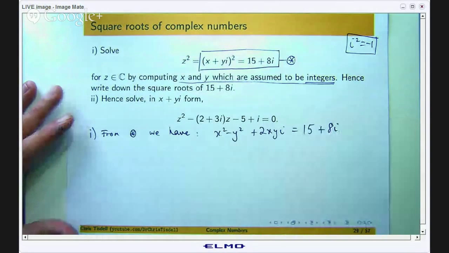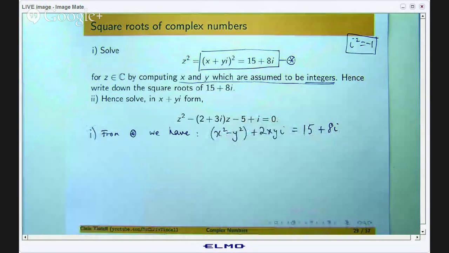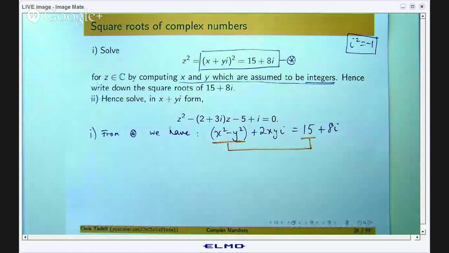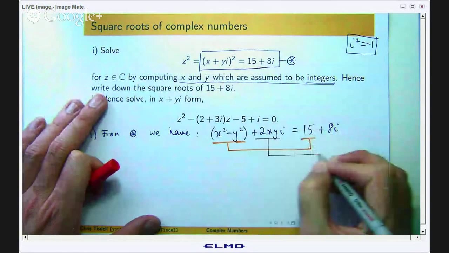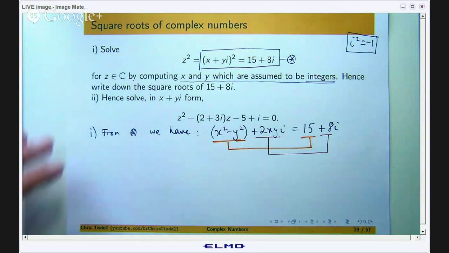Okay, so two complex numbers are equal if and only if their real parts are equal, so that and that are the same, and their imaginary parts are equal. So that 2xy has to equal 8, or positive 8 over there. If we equate those, we set them equal, we'll get two equations.